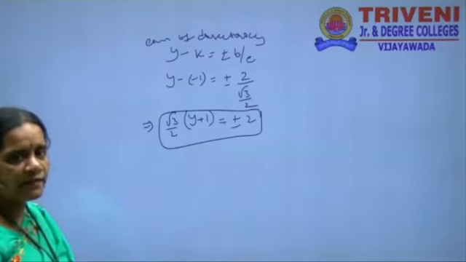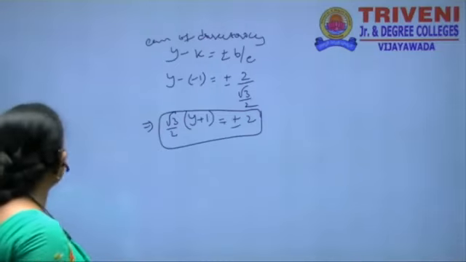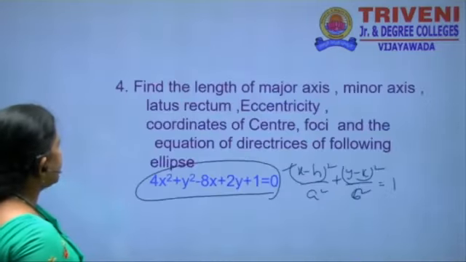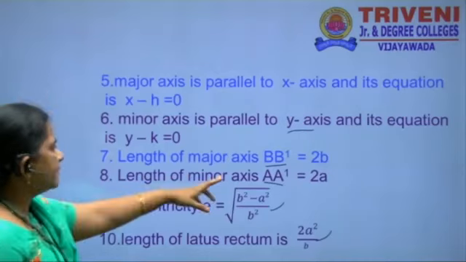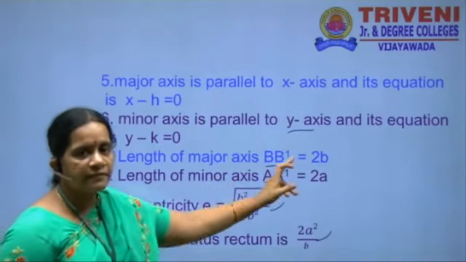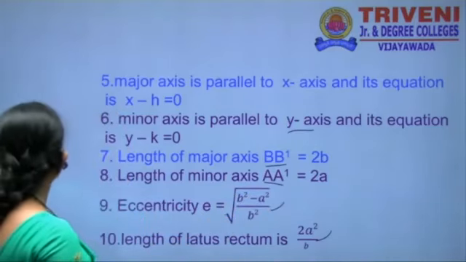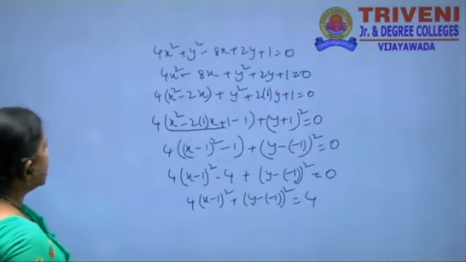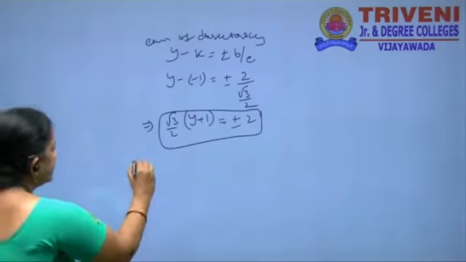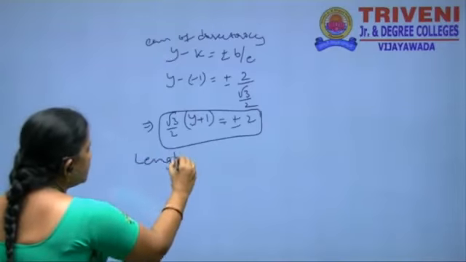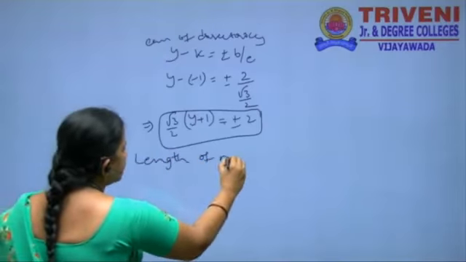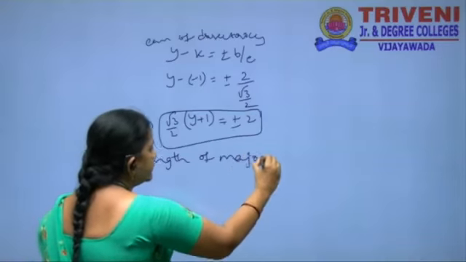And then we have to find the values of length of major axis and minor axis. The length of the major axis, here the formula is 2b. Here the major axis is 2b and the minor axis is 2a. Length of major axis is 2b.